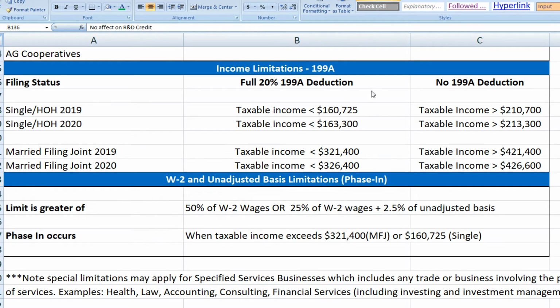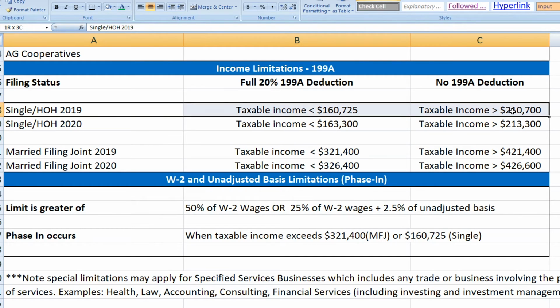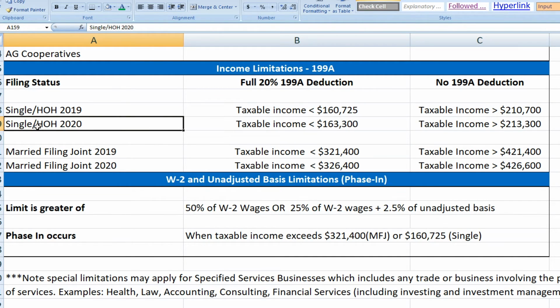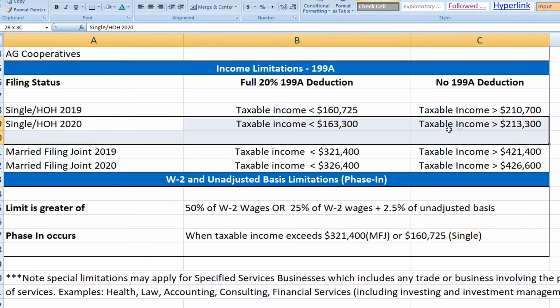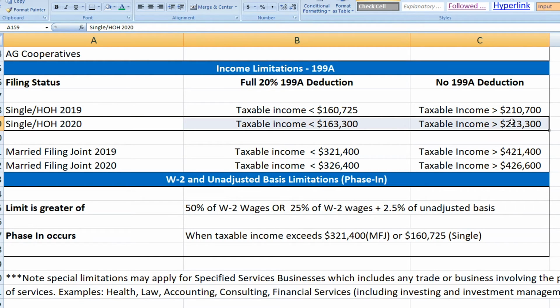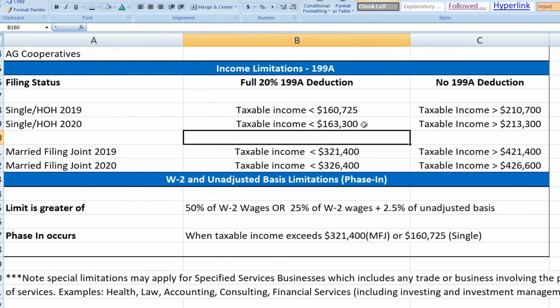There are some new regs that just came out regarding real estate in 199A, so I will have to find the link and put it in the spreadsheet for you guys. So this row is for 2019 if you file single. This is for 2020, what the limitations are if you file single. Remember, you get the full 20% deduction as long as your income is under these amounts.